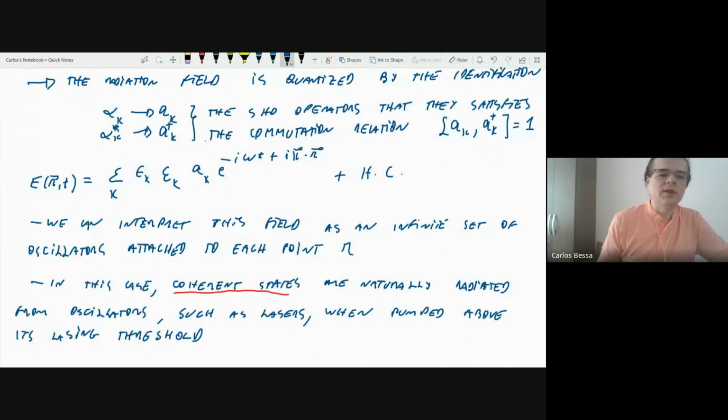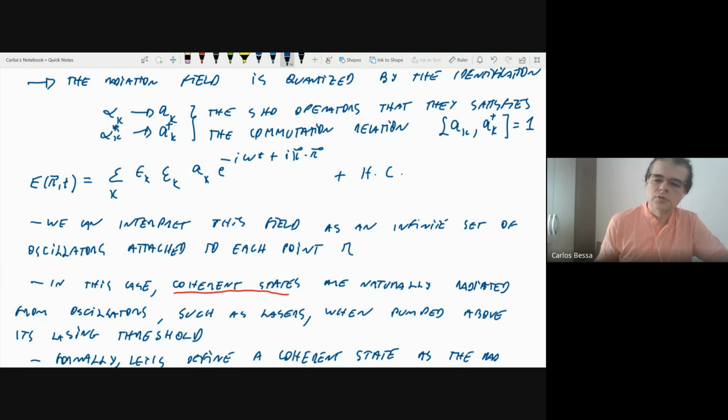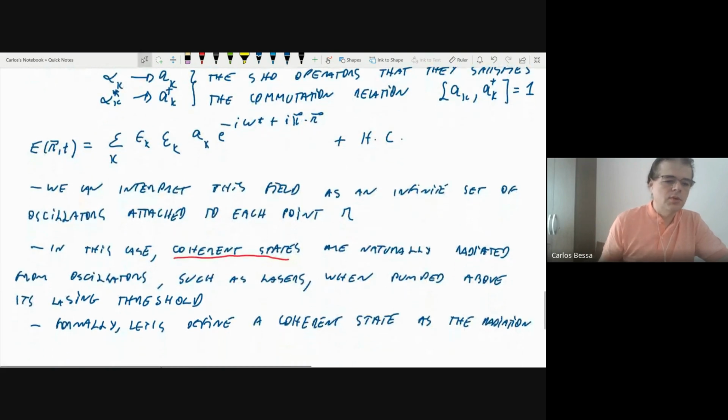But to define formally, let's define a coherent state as the radiation emitted by a classical current distribution.